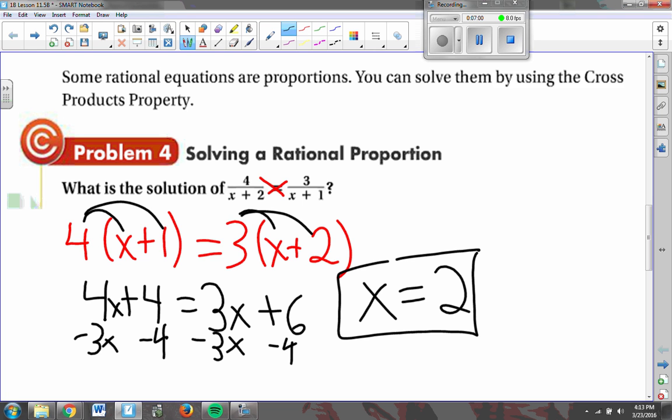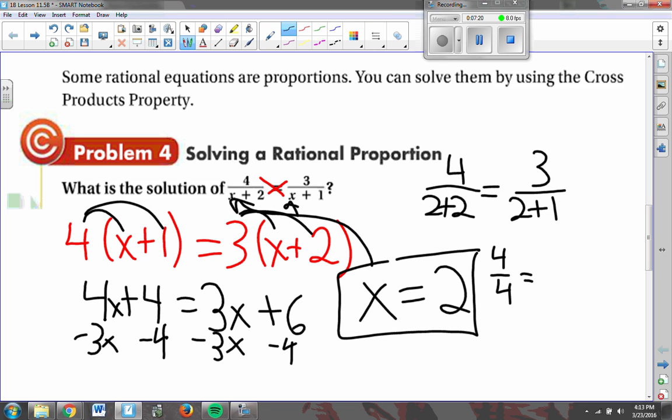And obviously I should plug that back in and check it out and make sure that it works. Well, 4 over 2 plus 2 is equal to 3 over 2 plus 1. Is that true? Well, 4 over 2 plus 2, that's 4 over 4, equals 3 over 3. Yep, that's true. I'm good.